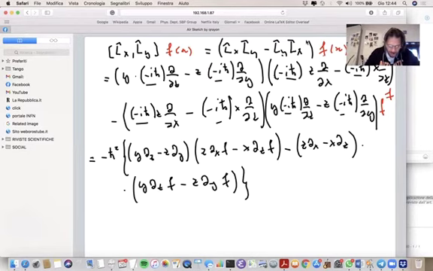Now, each of these two terms will generate 4 terms. So let's be a little bit patient and we'll survive this horrible calculation. So let's consider this 1, 2, 3, 4. Let's first look at 1, 3.